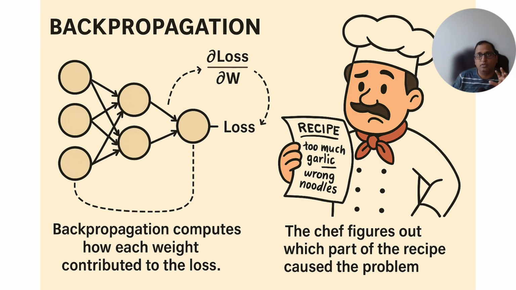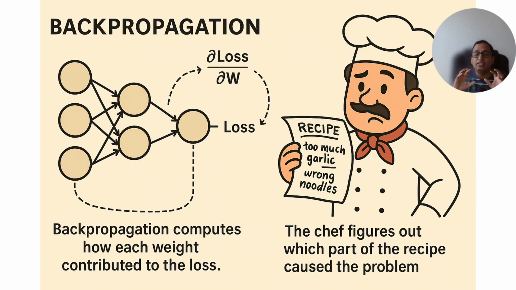For example, typically you have an input layer, a couple of hidden layers and an output layer. On the output layer you got some error, you found the loss. Now you have to go back through each layer and ask how much this weight contributed to this error.